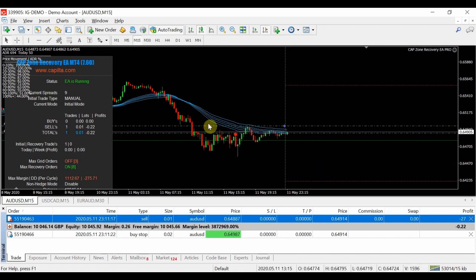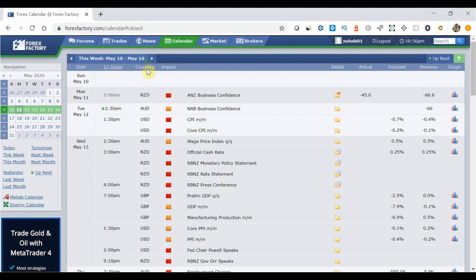The other reason why I've chosen the Aussie dollar is because of the current news events. We know that when there are news events, currency pairs do move, and I wanted to do one which had some news inside the Asian session.